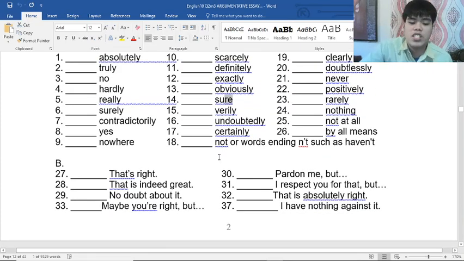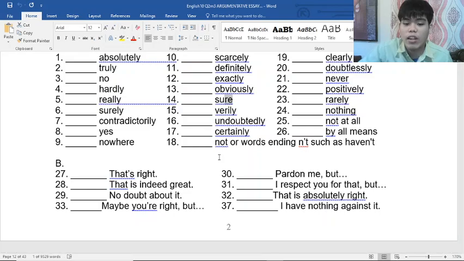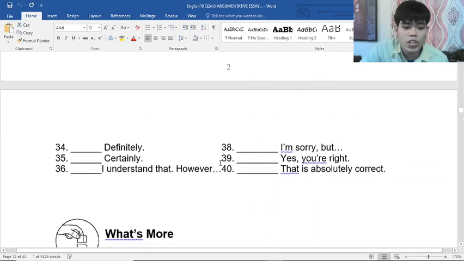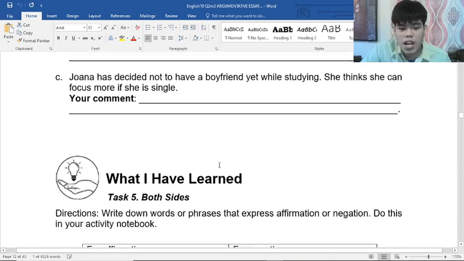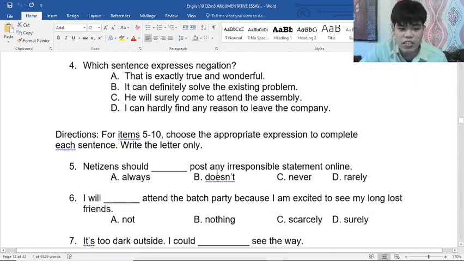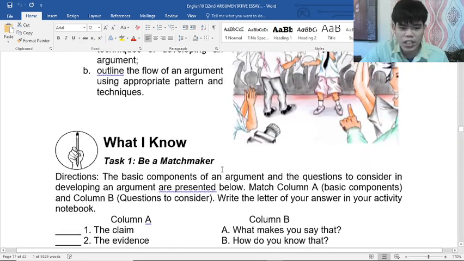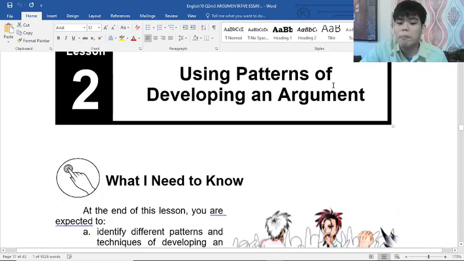So as you can see, there are very many kinds of adverbs of affirmation and negation. So we don't need to talk about that too much because you already learned this in the different kinds of adverbs. So moving on, we are now at the patterns of developing an argument.